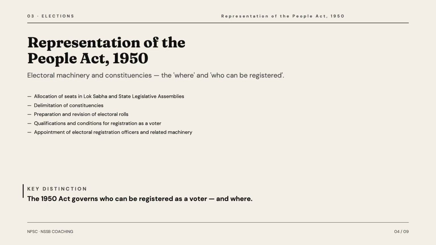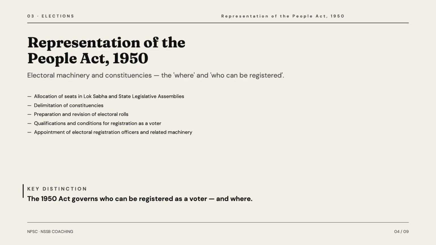I told you that the Indian Constitution gives power to the Indian Parliament to make rules for elections. Using the power given to them by the Constitution, they created the Representation of the People Act 1950 and the Representation of the People Act 1951.